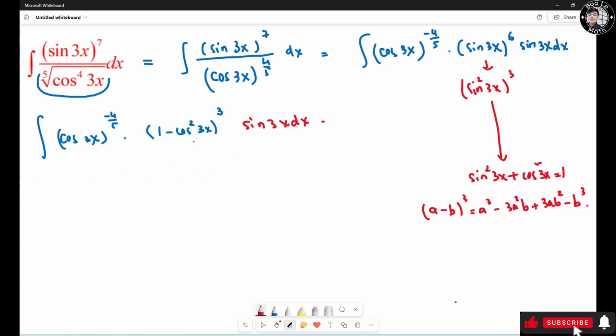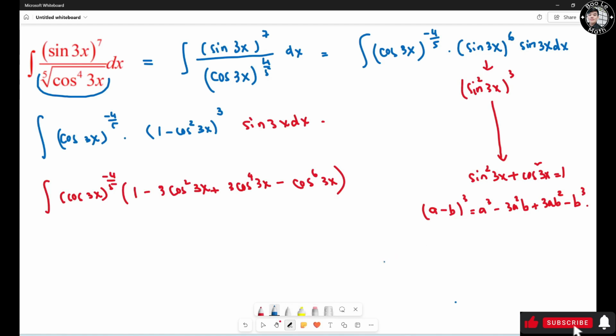So I just expand this one, it's going to be cosine of 3s altogether raised to the negative 4/5 times 1 minus 3 cosine square of 3s plus 3 cosine to the 4 of 3s, minus cosine to the 6 of 3s.